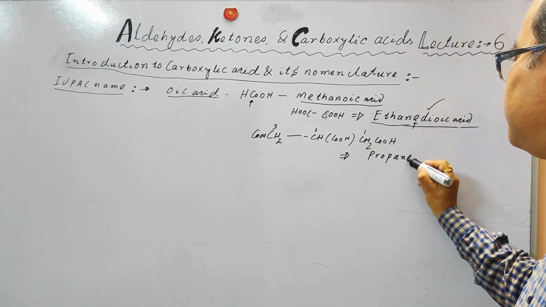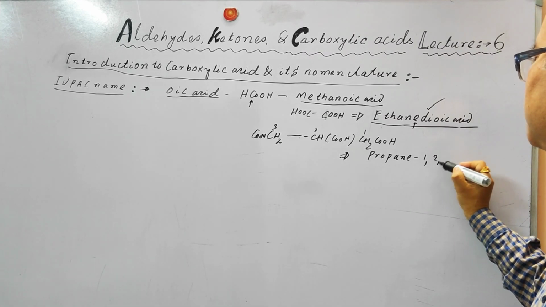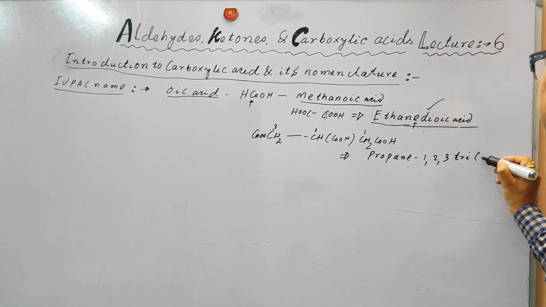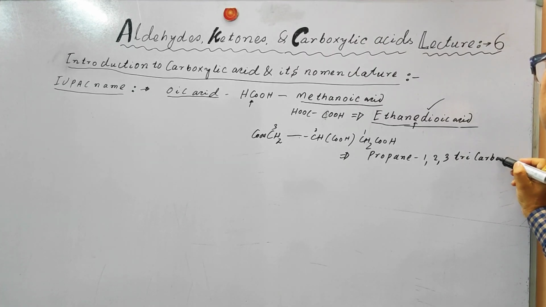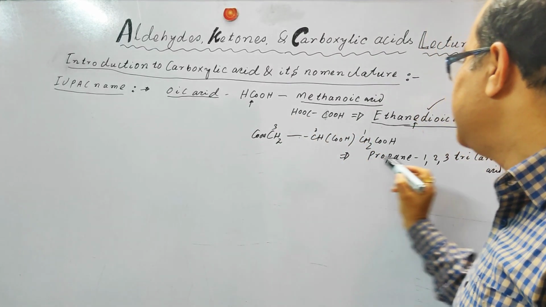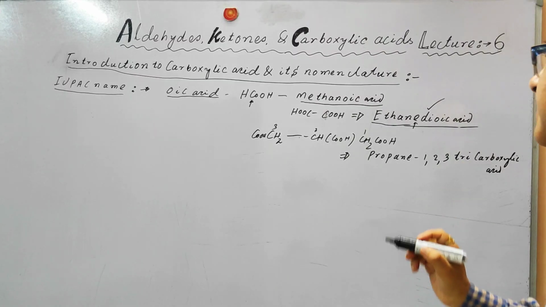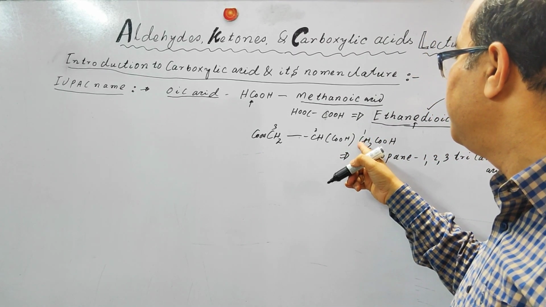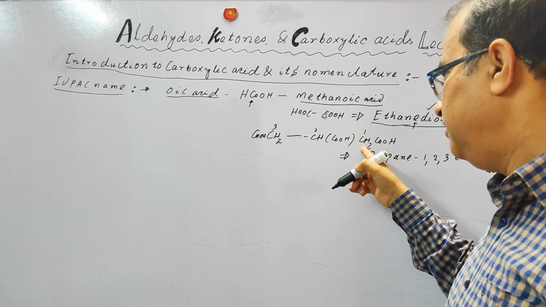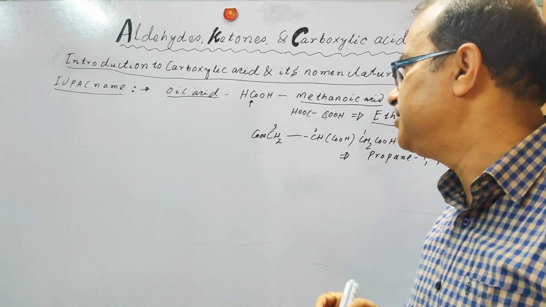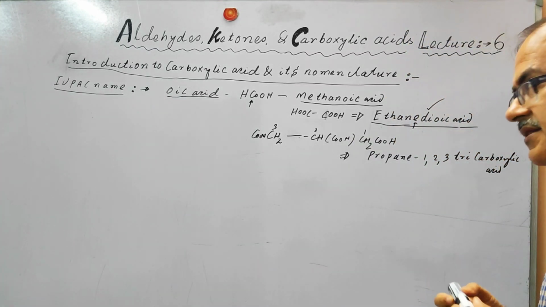So the name is propane-1,2,3-tricarboxylic acid. We put the locants 1, 2 and 3 in this fashion.